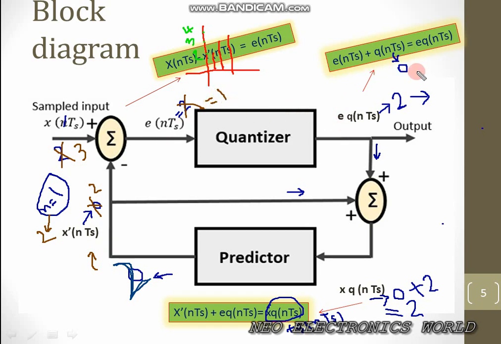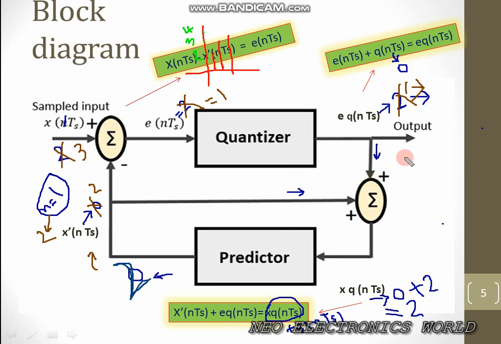And the quantization error, as we have already said, is equal to 0. So what will be the EQ of NTS? It will be 1 minus 0, 1 itself, and this will be encoded.